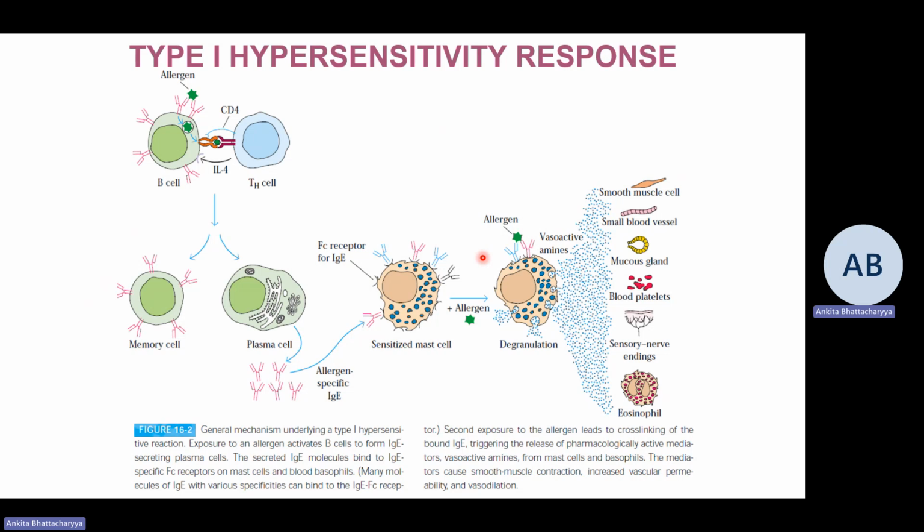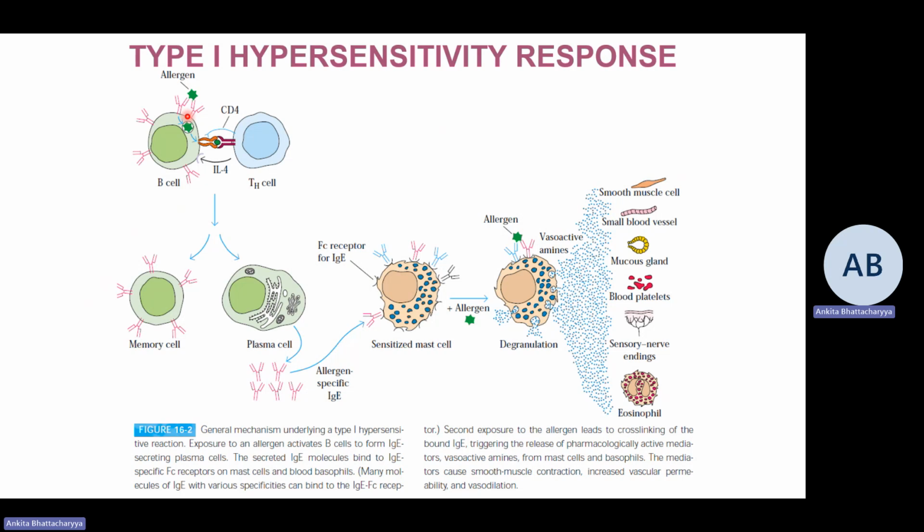First, you can see that there is exposure to a particular allergen shown here in green, which is activating the B cell, which has the antibody specific to it. Again, just to reiterate, type 1, 2, and 3 are antigen antibody interaction dependent.